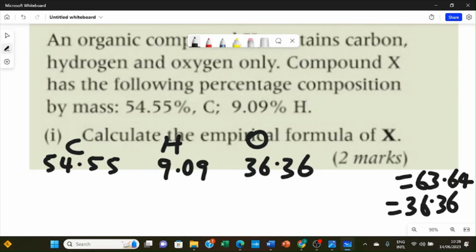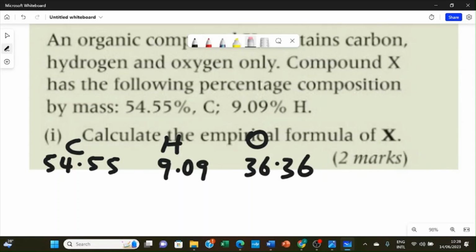If you add up everything, it will give you 100, just to prove that you are on track, you are correct.